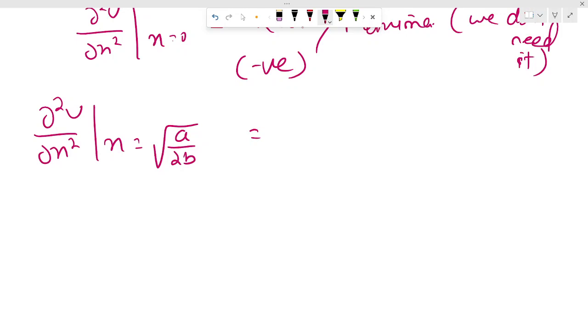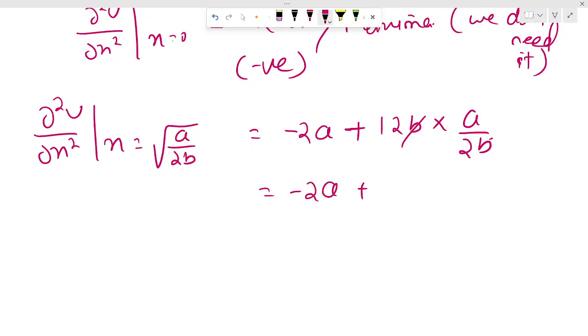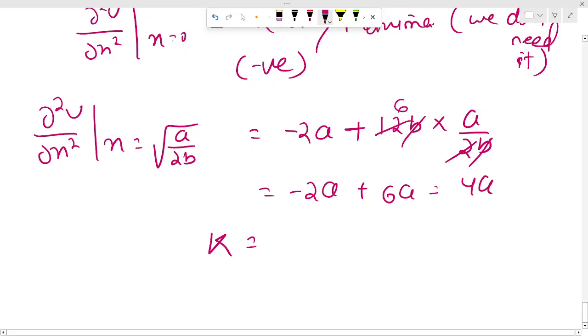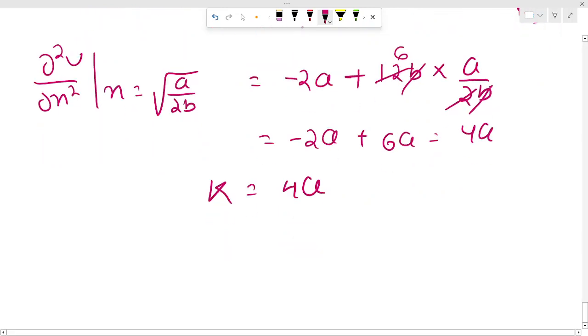So this one, if you put the values: minus 2a plus 12b x square, with x square as a upon 2b, isn't it? So minus 2a plus, b cancelled out, 2 6, so it will become 6a, so 4a. So k is your 4a, okay?